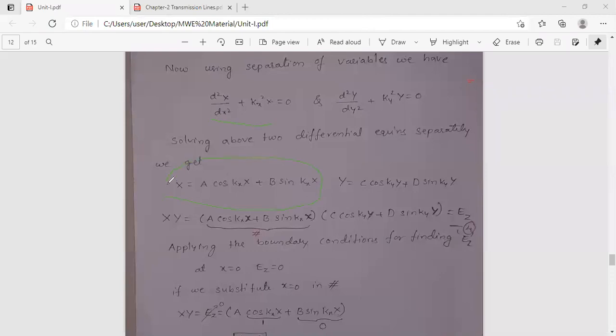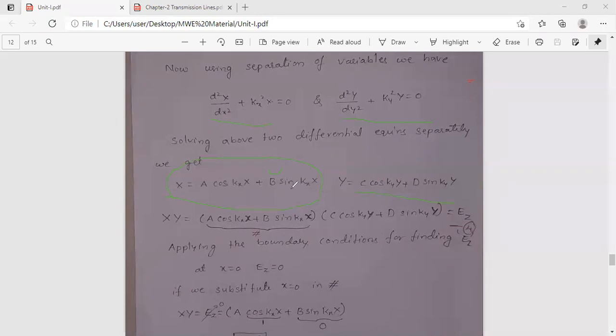After writing the simplification of the terms, it is written in this form, d square y by d y square plus ky square y is equal to zero, in this particular way. All the y terms will be there here, and c and d are constants, whereas a and b are constants with all the x terms here. And we have to calculate the values of a and b.